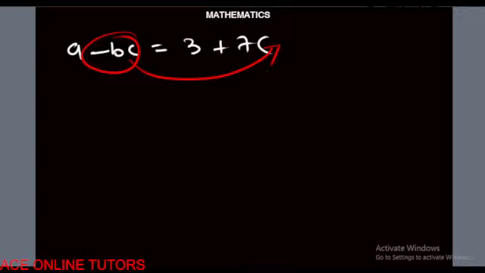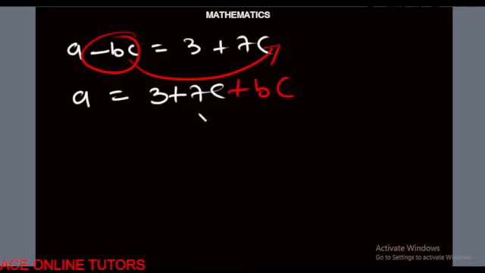What am I going to have if I do that? I'm going to have a equal to 3 plus 7c, then plus bc. Now if you look at it, the c is in both of them, so that means I will have to remove the one that does not have c. This one does not have c, so I will have to remove it.